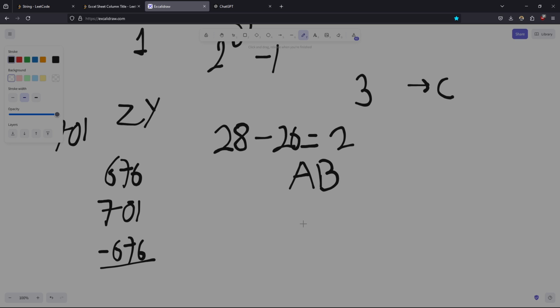So what happens if the number given to us is 1000? What is the equivalent for 1000? What we have to do is divide 1000 by 26, and the result will be 38.